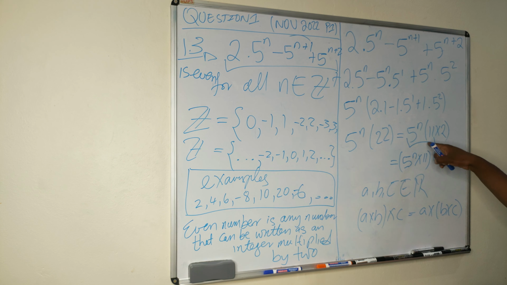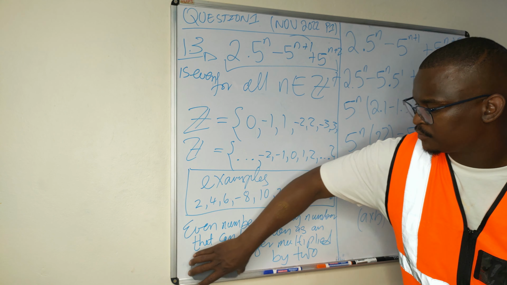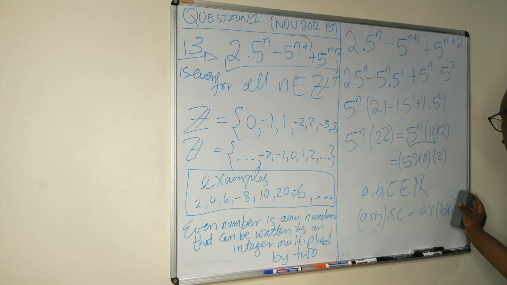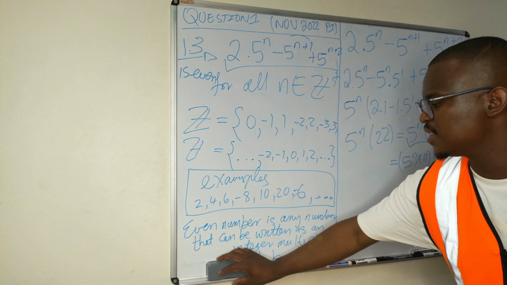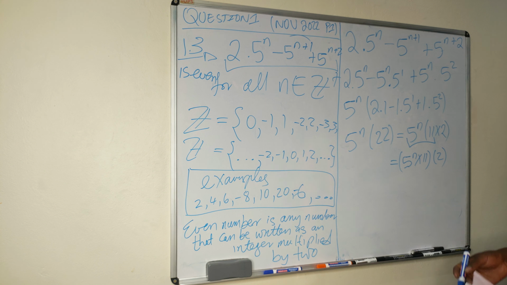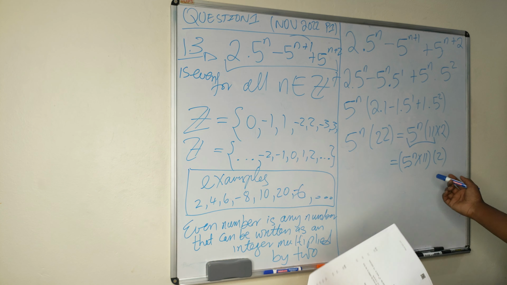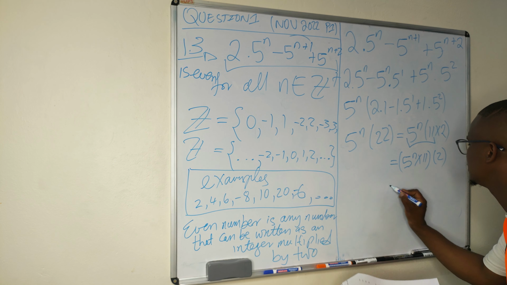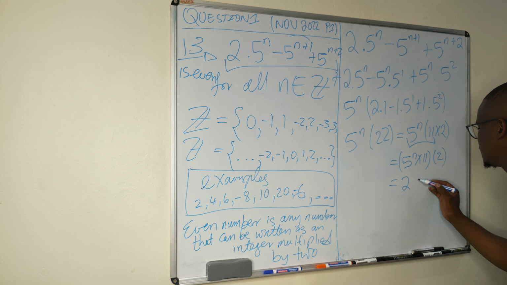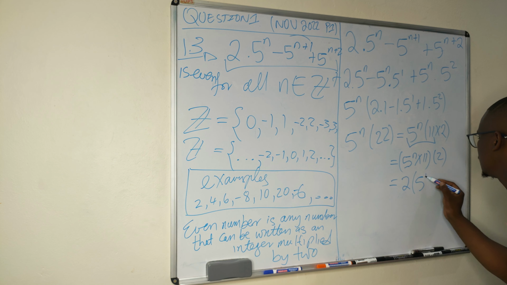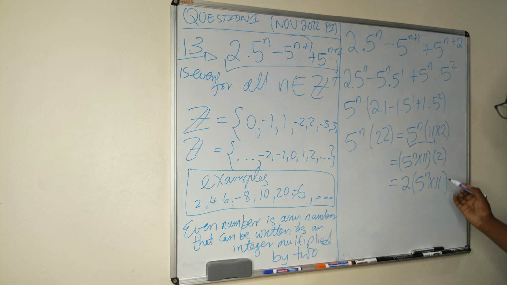I just applied that there. You also know that it is commutative, which means the order does not really matter. So we can just say this is the same as 5 raised n times 11.